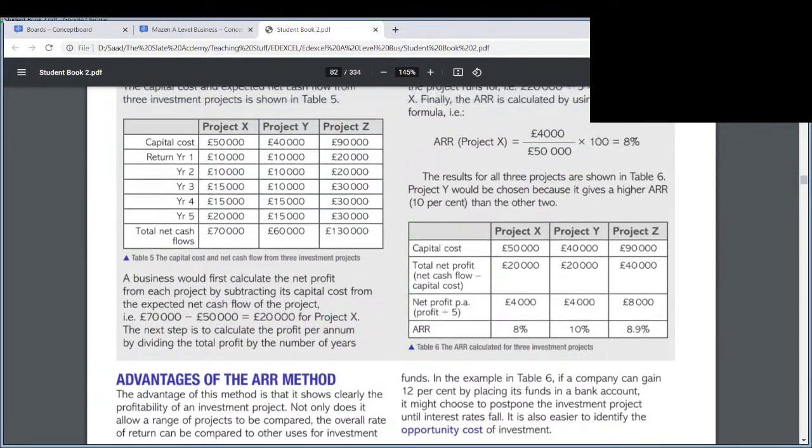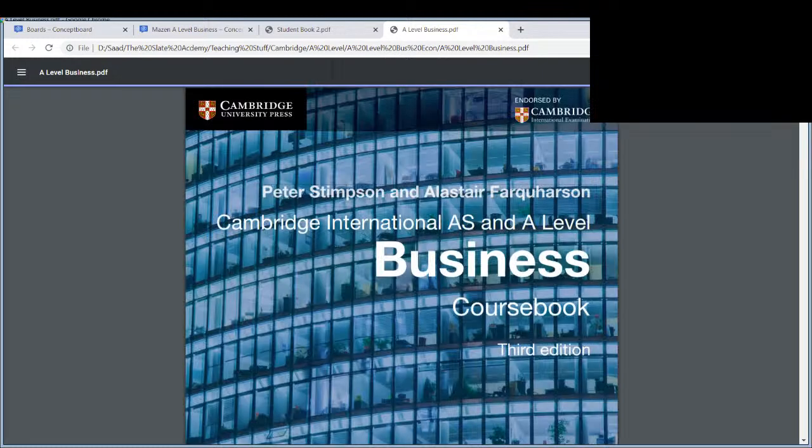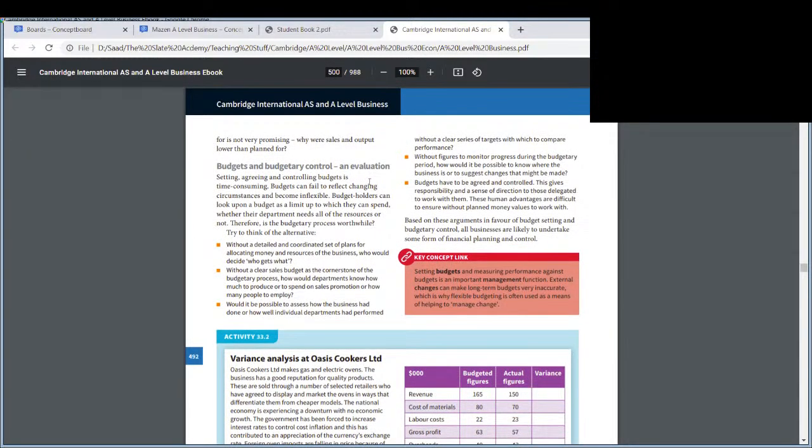Otherwise, for your explanation, where capital outlay comes from, let me show you from the other book as well. Business, 500, what do we have?